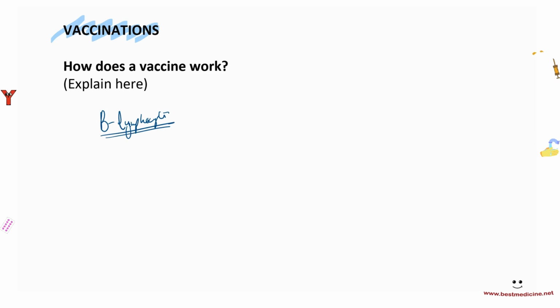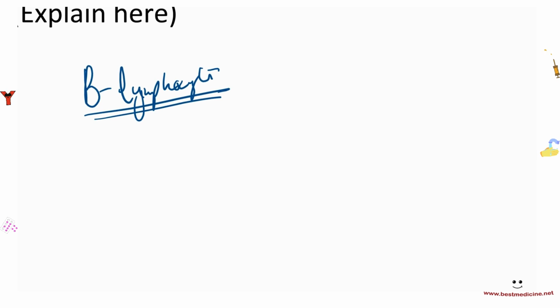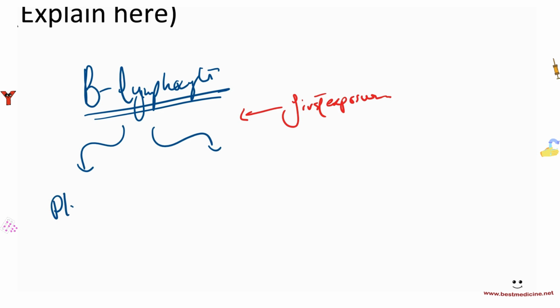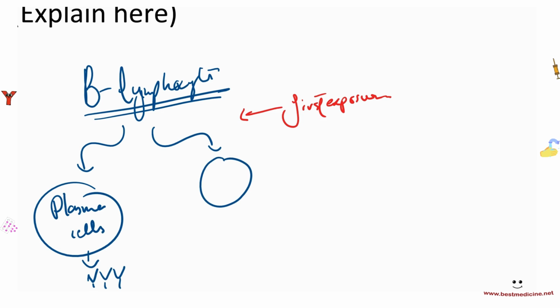What happens is that B lymphocytes get a first exposure to a particular pathogen. And when they have this exposure, they differentiate into two kinds of cells. They differentiate into plasma cells that make antibodies, and they differentiate into memory cells.